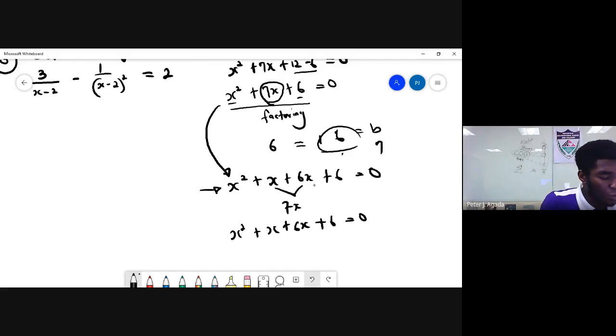I'm just going to use another color here so we can distinguish exactly what we're doing. I'll take the sign as well.